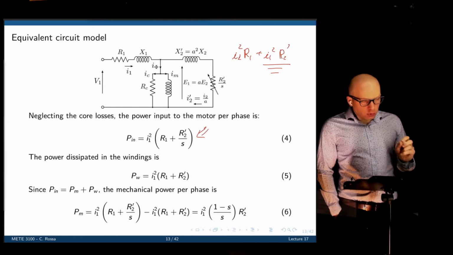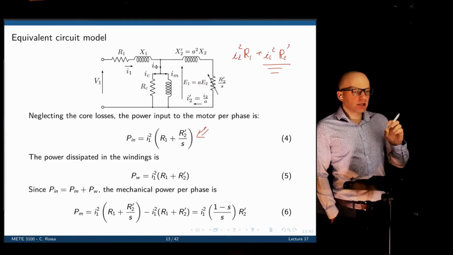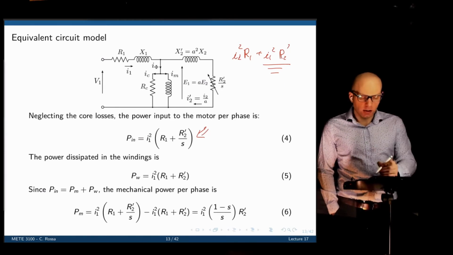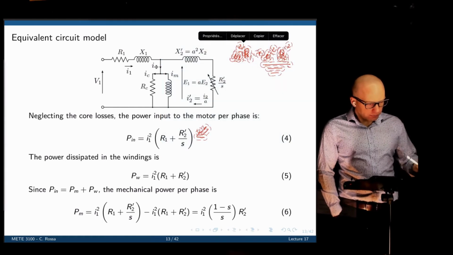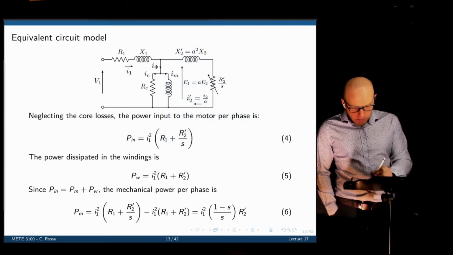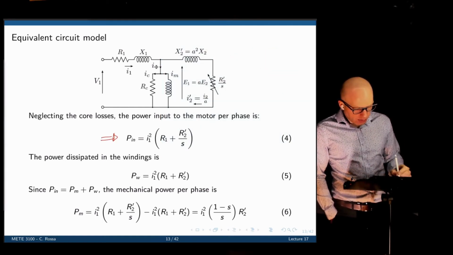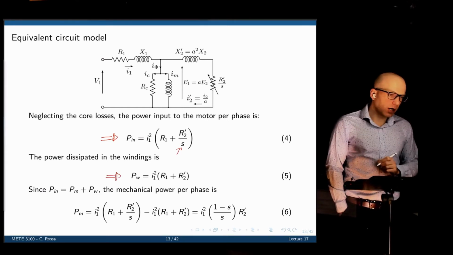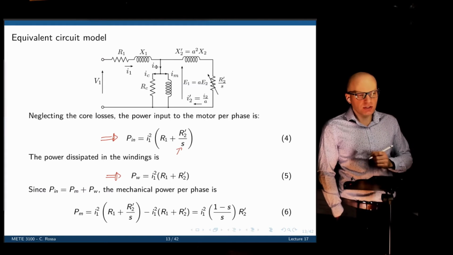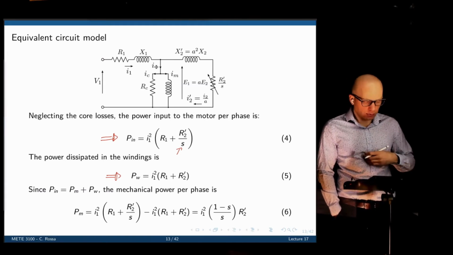But here we have the total power, divided by S, because part of that is what creates the mechanical power. So the power in accounts for the motor rotation. The loss does not. It's simply the sum of all resistances times the square of the current passing through them.